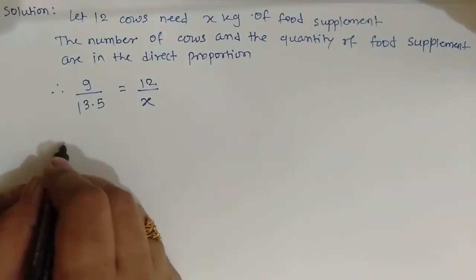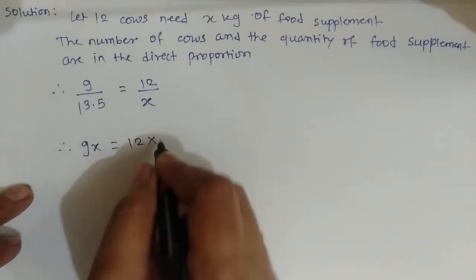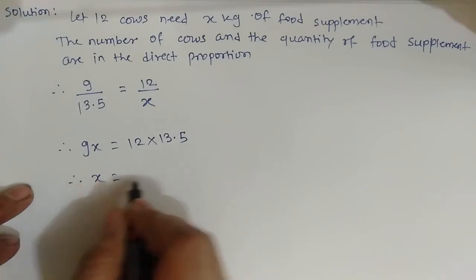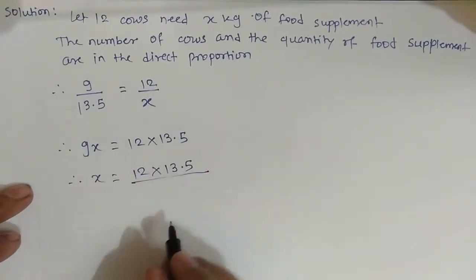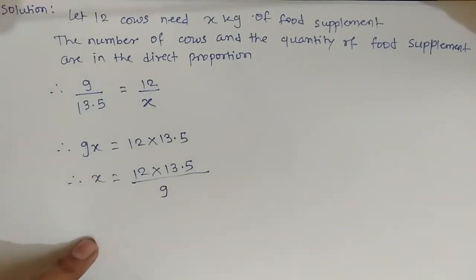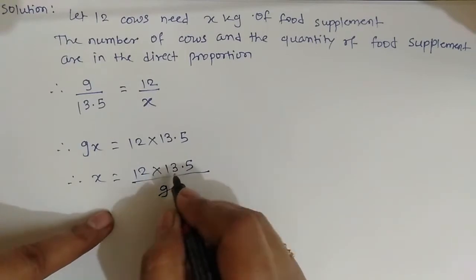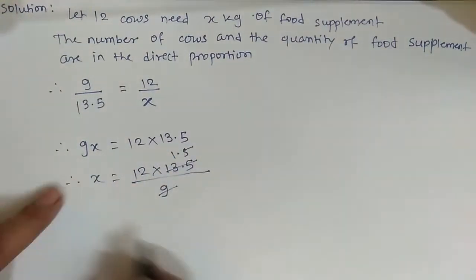Take the cross multiplication. Therefore 9x is equal to 12 multiplied by 13.5. So therefore x is equal to 12 multiplied by 13.5 upon 9. If we divide 13.5 by 9, it is 1.5.